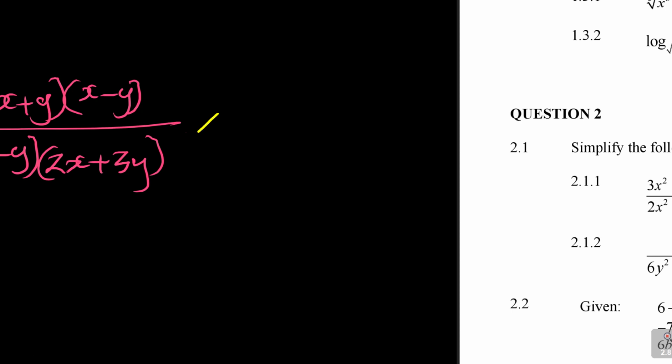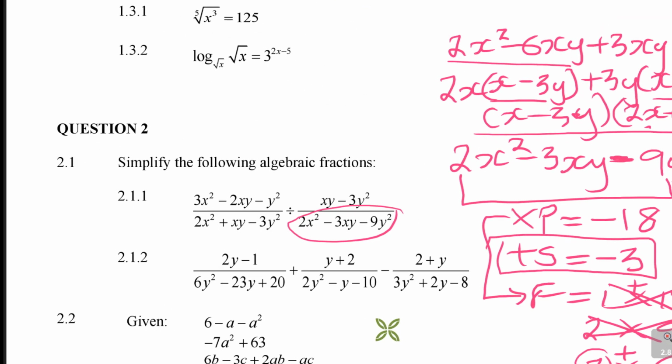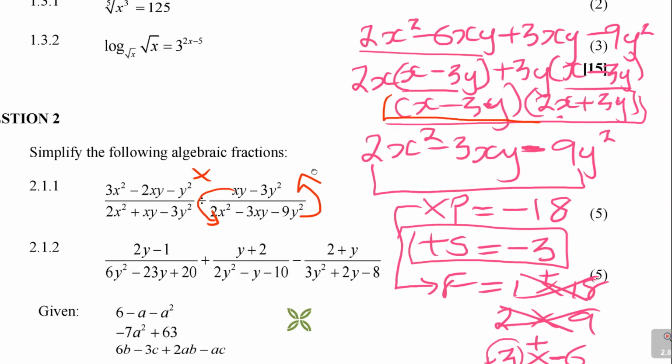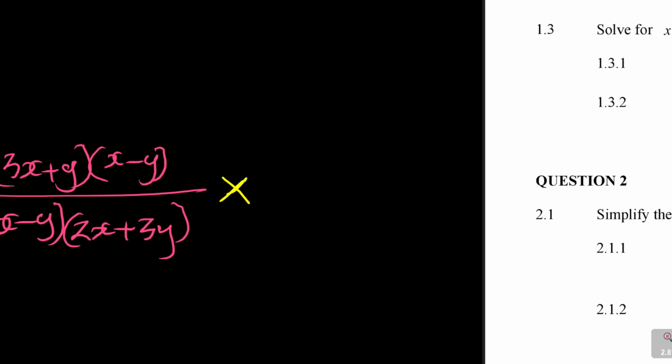Don't forget, when I change this to a multiplication, because you don't work with division, you now know what to do. The bottom goes to the top and the top goes to the bottom when you convert from divided to times. So whatever was factorizing here is now on top. That one, which is x minus 3y, 2x plus 3y, is now on top, which becomes x minus 3y.